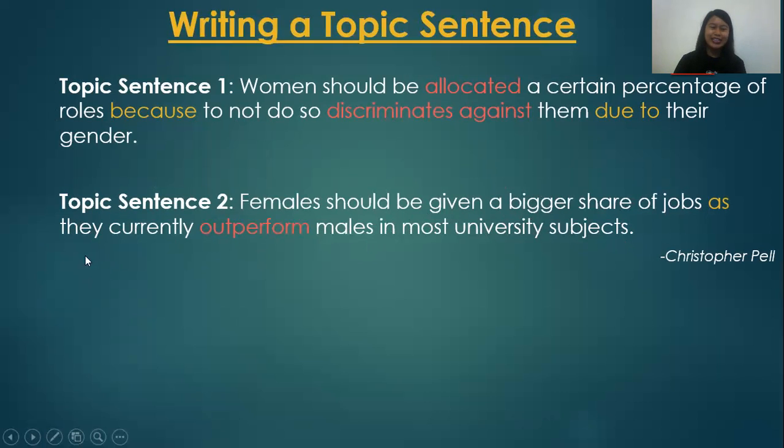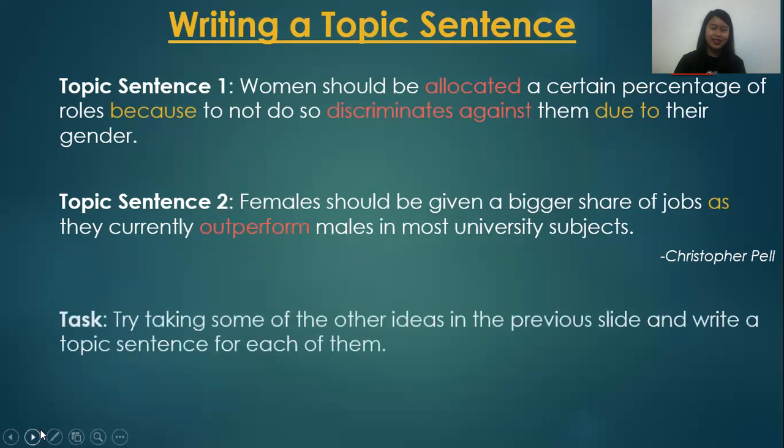It's very clear. Our main ideas are clearly stated in these sentences, and these are relevant to the answer why we agree to the given topic. Now, try taking some of the other ideas in the previous slide and write a topic sentence for each of them.